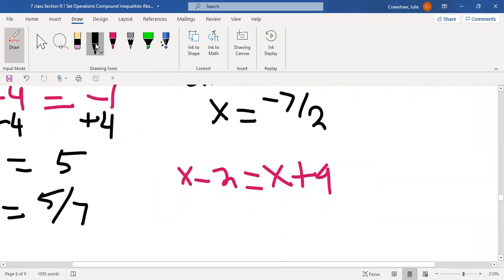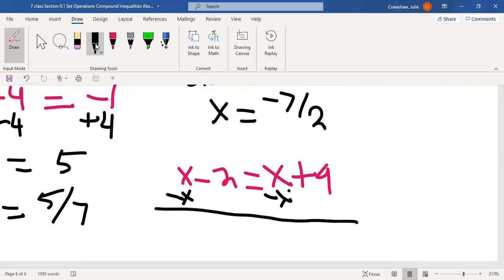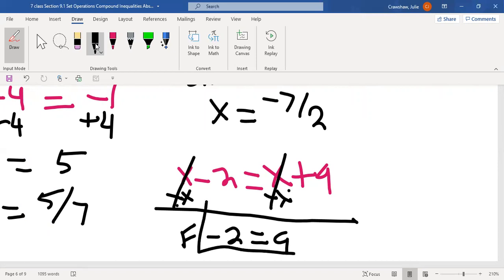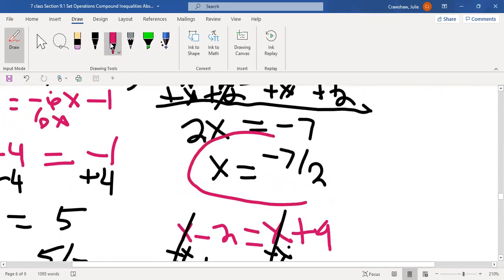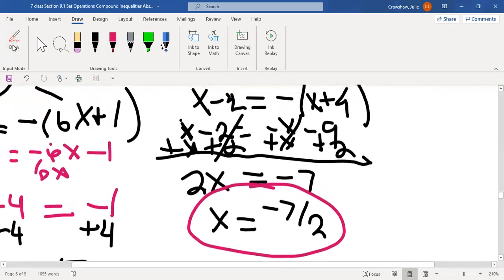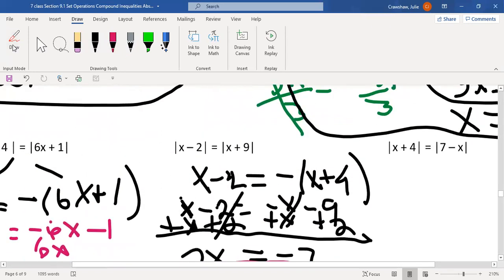Now notice here, when I try to move my x's to be on the left-hand side, they both cancel. I get negative 2 equals a positive 9, which is false. So that means this is not going to give me another solution. I do have a solution because up here, this one worked. But this particular equation only has one answer because the other equation didn't give me an answer.